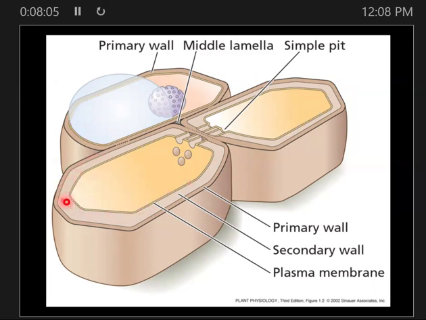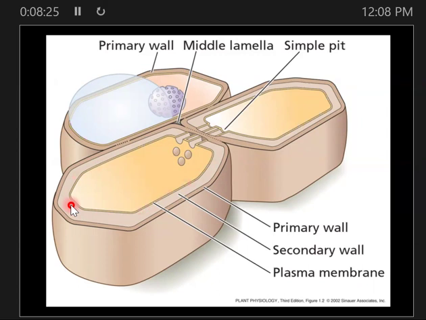And you can see how the secondary cell wall is thicker than the primary. And it's also laid down to the inside of the primary. When I was first learning that, it seemed weird to me, but that's how they do it. Instead of having it on the very outside, they stick it to the inside of the primary cell wall.